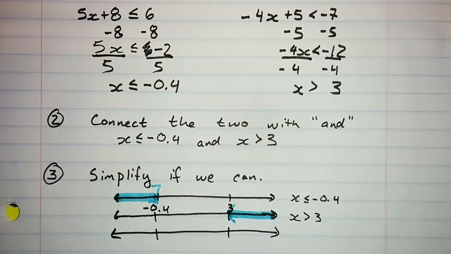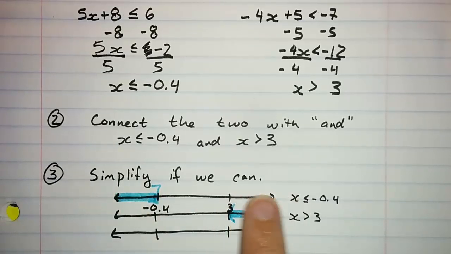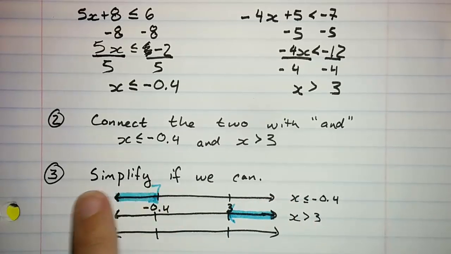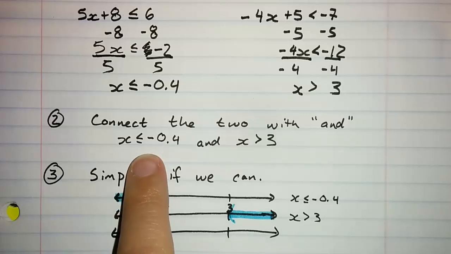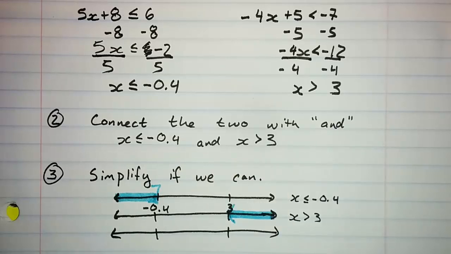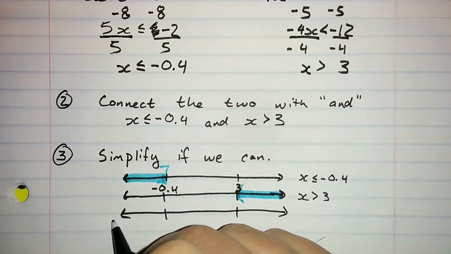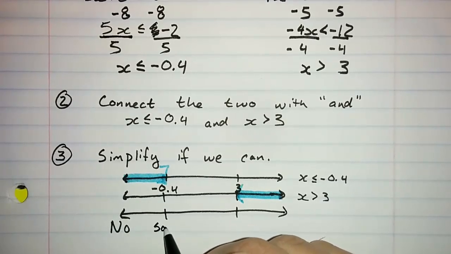I see there aren't any points like this, are there? Right, all the points over here are not also over here. There are no numbers that are at the same time less than negative 0.4 and more than positive 3. This inequality simplifies to have no solution.